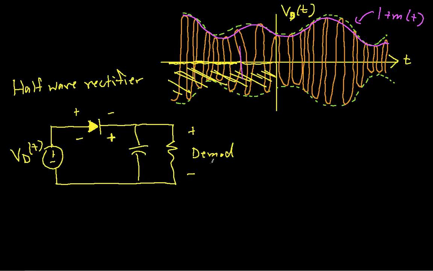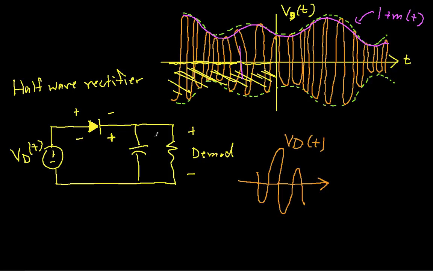So just to give you a little bit more detail about how this circuit works, suppose that at a particular point in time I've got this sort of wiggly bit going in as V sub D. And what happens is, as long as the input voltage, this V sub D, is larger than the capacitor voltage, the diode acts like a closed switch, and the capacitor charges up as V sub D increases.